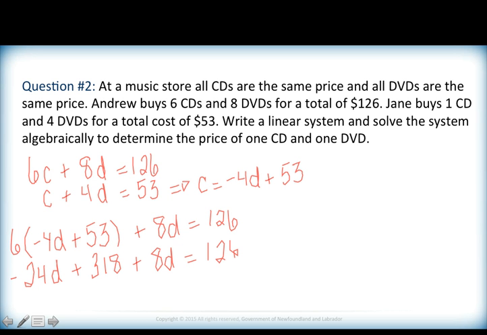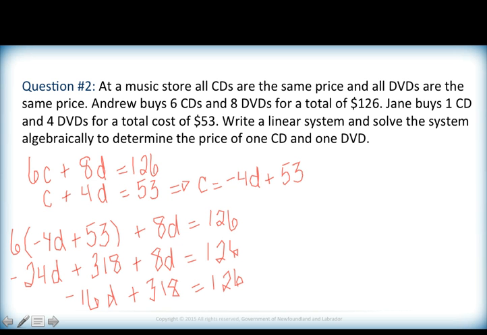So negative 24D plus 8D will give us negative 16D plus 318, and that will equal 126.